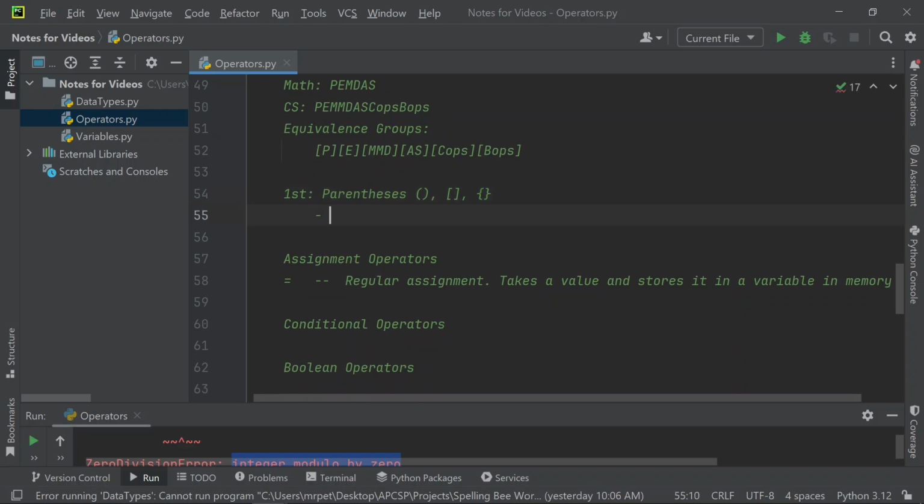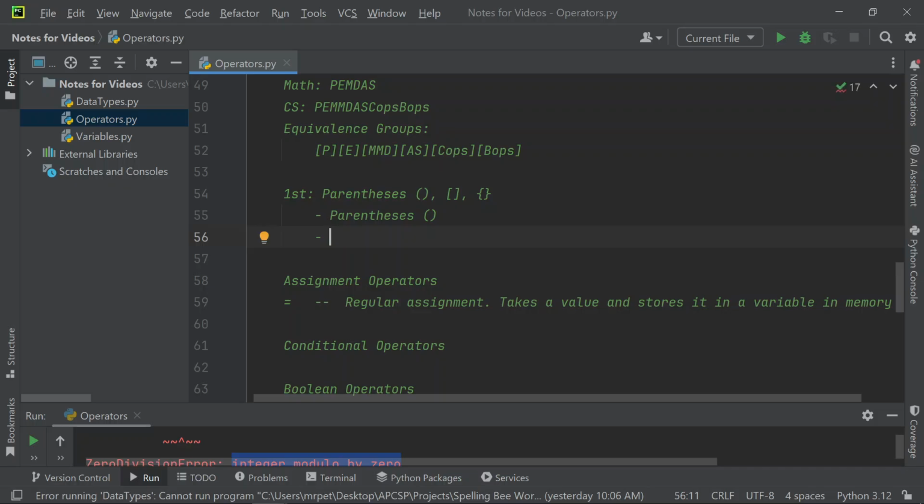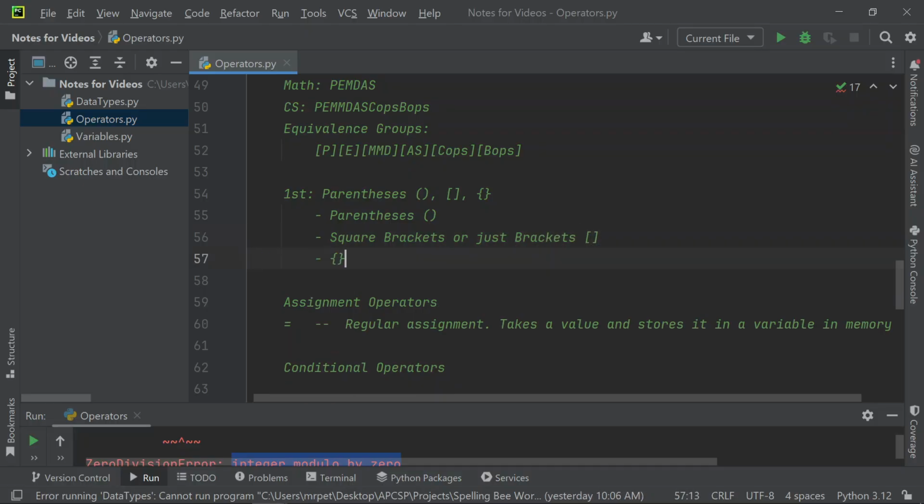So let me write these down. Parentheses, square brackets, or just brackets, curly braces. And all of these are going to be used in Python.